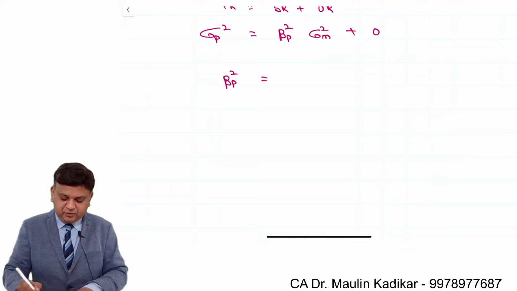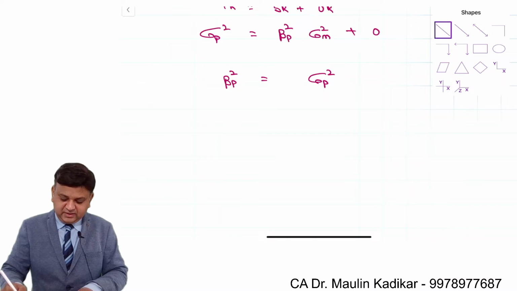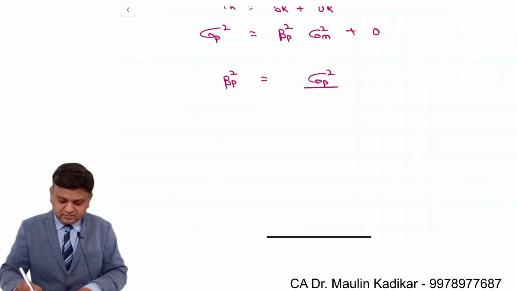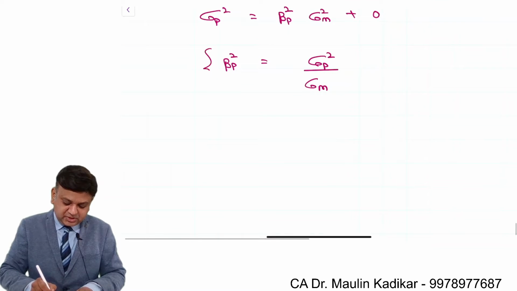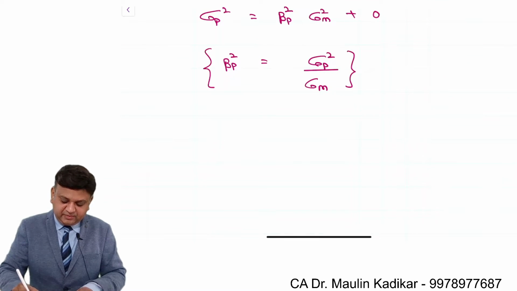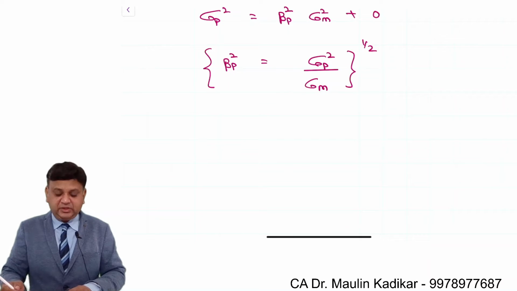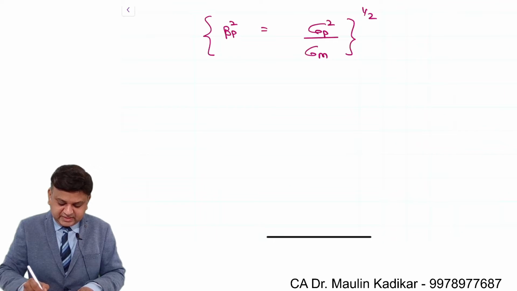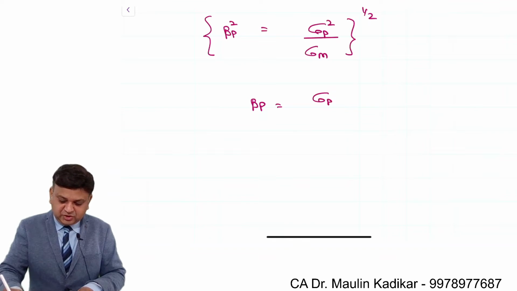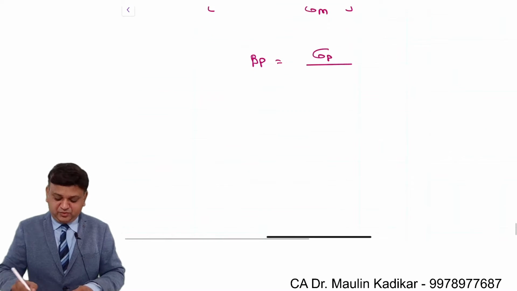So beta of the portfolio square is equal to sigma p square divided by sigma m square. Taking the square root of the entire equation, we understand that the beta of the portfolio is equal to standard deviation of portfolio divided by standard deviation of the market portfolio.